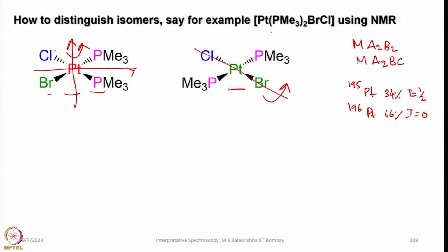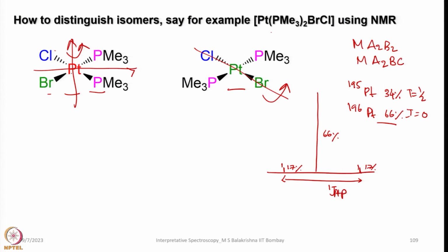If you consider the other 34%, they will be interacting with 195 platinum with I equals half, which can split the phosphorus signal. So first let us consider this one. We get a singlet like this for 66% of that one, with no coupling with platinum, whereas the other will split into a doublet here. If this is 66%, these will be 17% intensity each. And this separation we call 1J PtP. So this is how a trans compound would look.